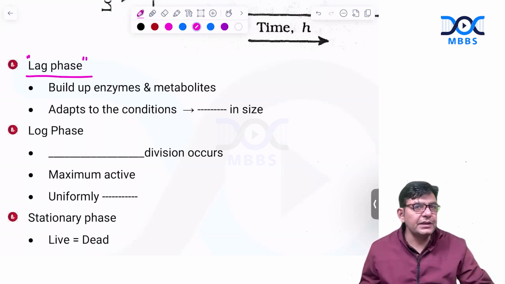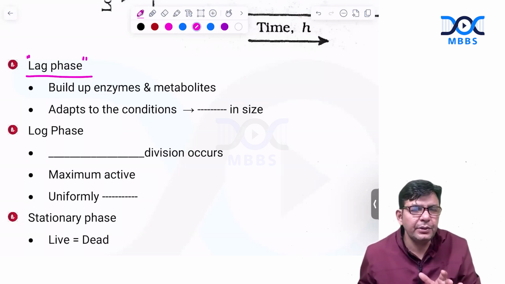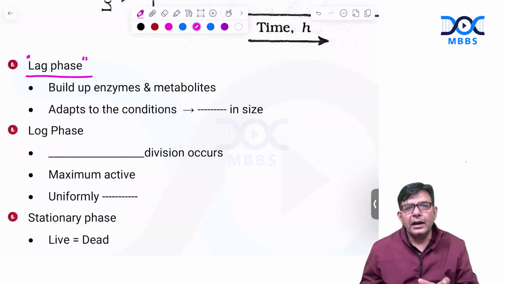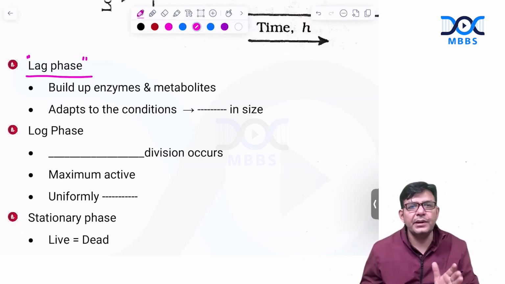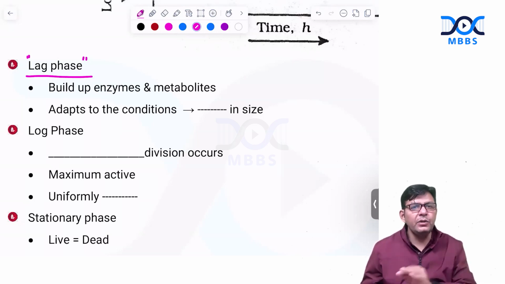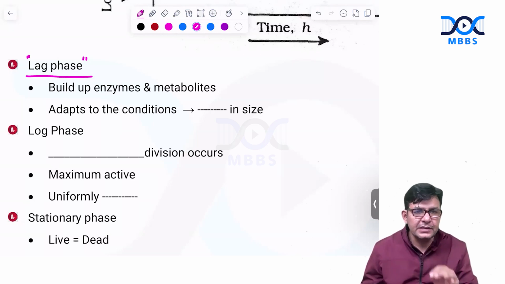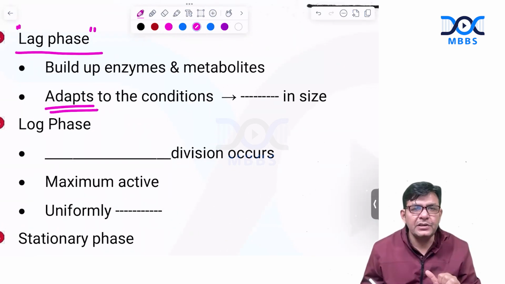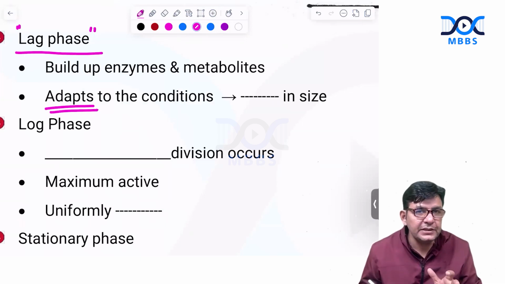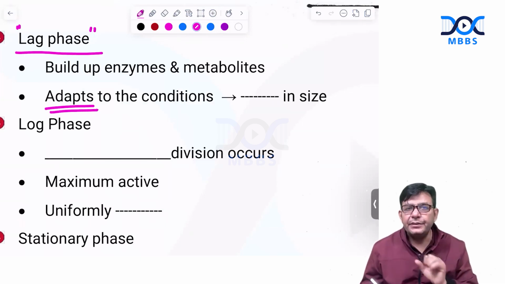So when you come in the first year into the hostel, what happens? Firstly, you are a bit depressed that you are away from home, and you will try to adapt to those particular conditions. So the crux of the matter is that the bacteria, when inoculated into liquid culture media, firstly adapts to the conditions which you have provided.